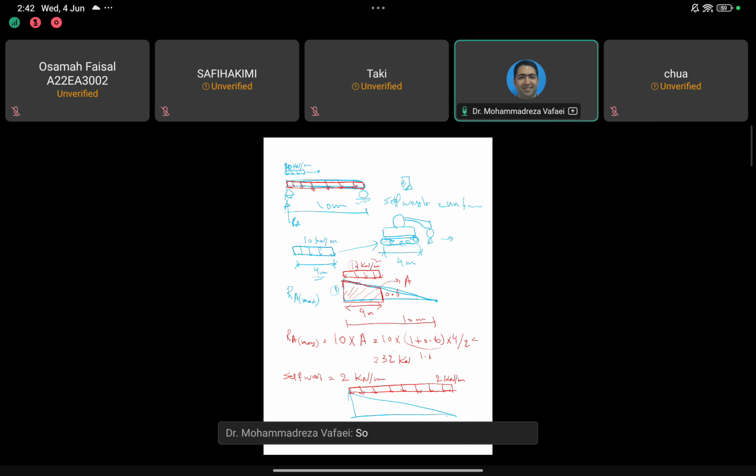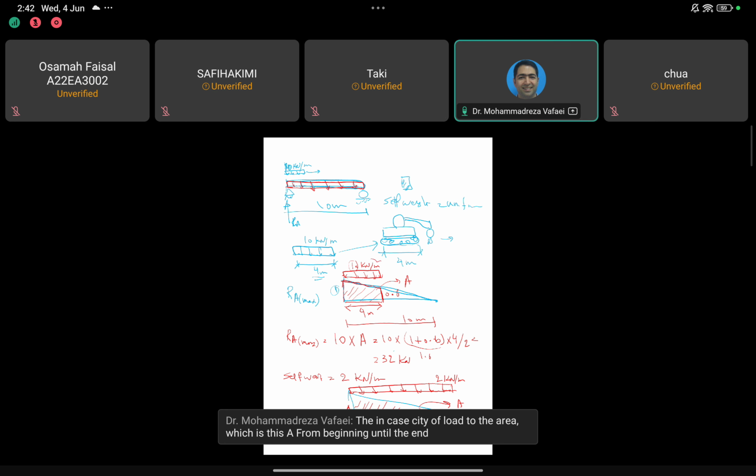So this is the influence line of RA. Here is 1, here is 0. And as we said, if we want to calculate RA, in this case, we need to multiply the intensity of load to the area, which is this A, from beginning until the end.